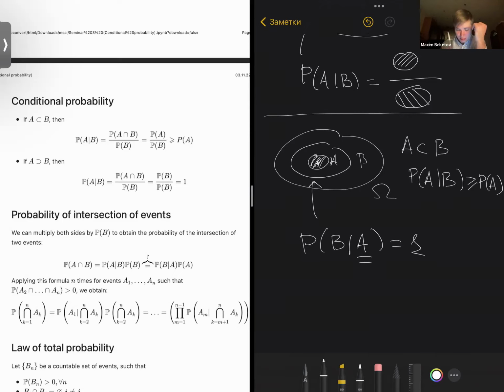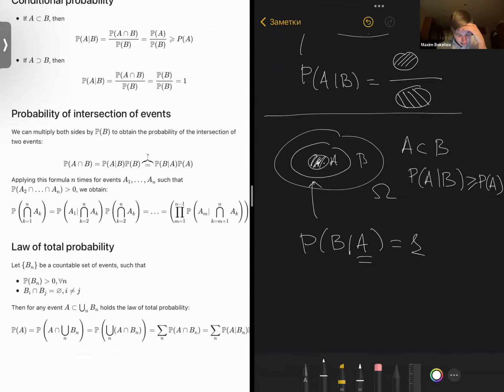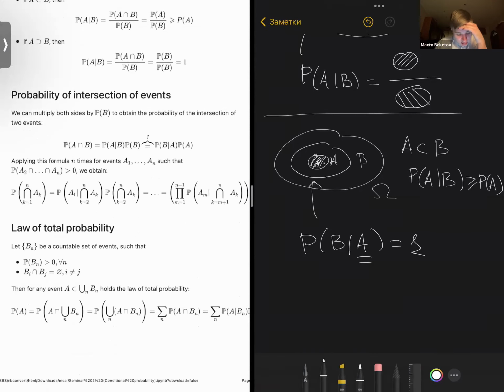If we landed somewhere inside A, for sure we landed somewhere inside B, right? And you can also get it from the formula, not from drawing stuff. But drawing stuff helps you understand better, I guess.